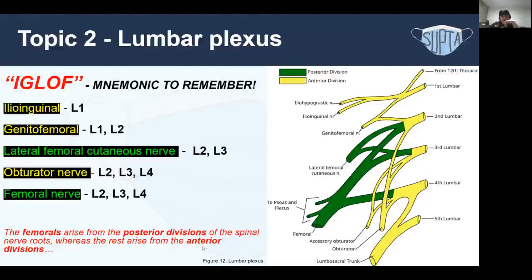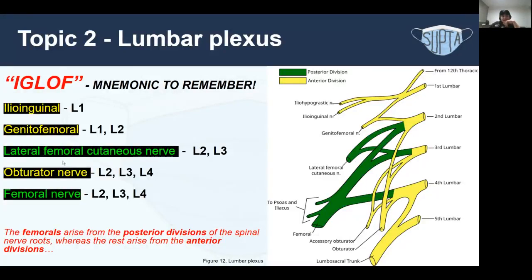And the last thing is that these divisions we mentioned, you've got anterior and posterior divisions of these spinal nerves, and these are the spinal nerve roots. Most of these, except for the femorals, which I've differentiated here, arise from the anterior divisions of the spinal nerves, but the lateral femoral cutaneous and the femoral nerve come from the posterior.